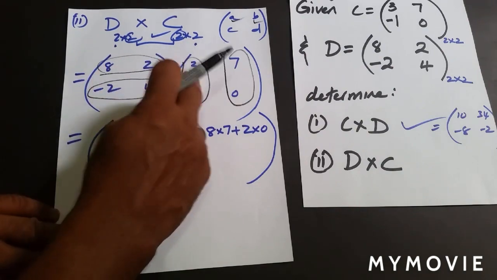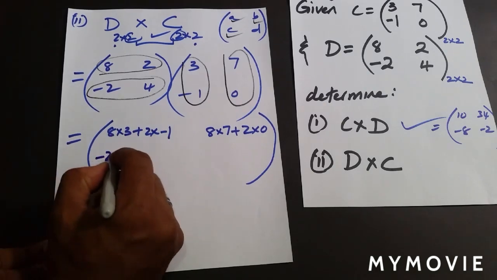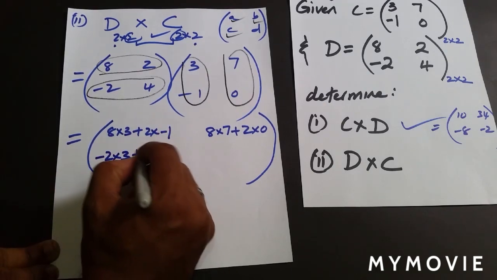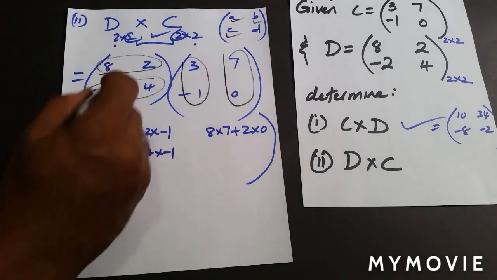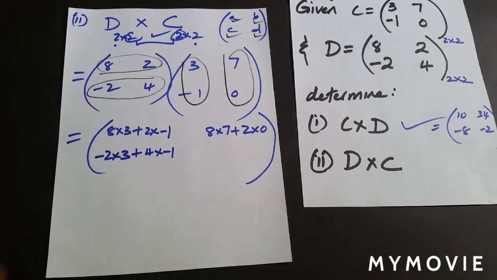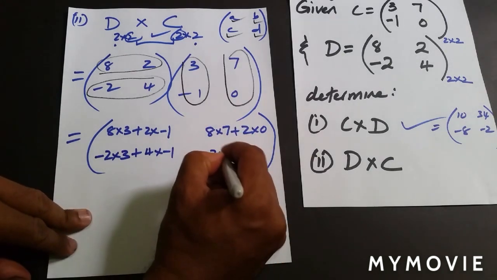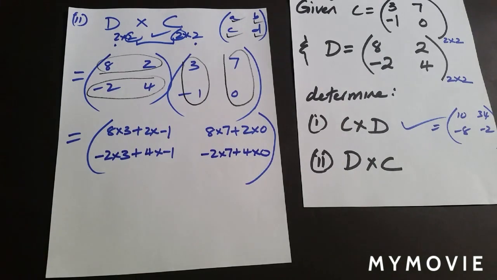So we're multiplying this row by this column to give us that element. So it would be negative 2 times 3 plus 4 times negative 1. Then same row, next column to give us that element right there. So make sure there's ample space, of course. So it's minus 2 times 7 plus 4 times 0.